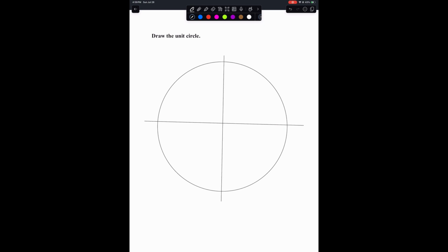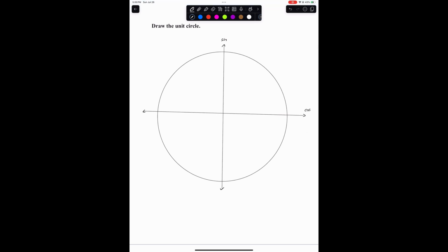It's probably off a bit for some reason, but whatever. So we know that in our x direction, this is cosine. And in our y direction, we have sine. For each of these, let me do a different pattern.